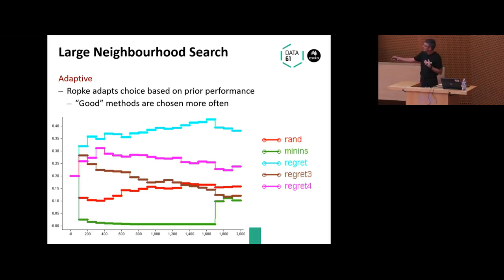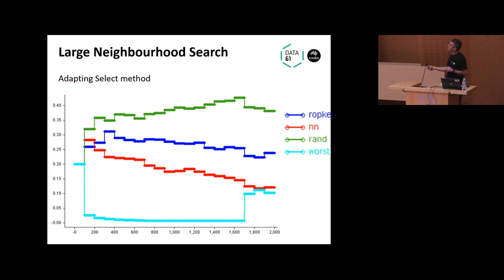You can see here they all start off at the same probability at the beginning, and then very quickly it turns out that min insert is not performing very well, so its probability decays quite quickly, whereas regret is doing very well, and so it gets chosen more and more. Similarly, for the select method, the method we use to destroy the solution, in this one worst selection isn't doing so well, but just choosing randomly is.